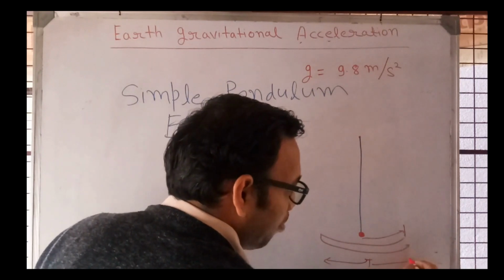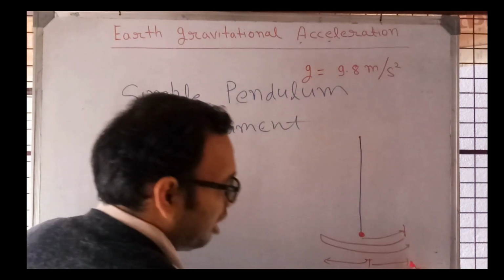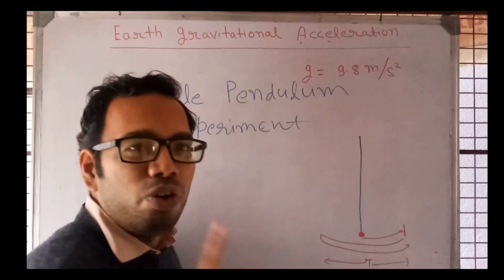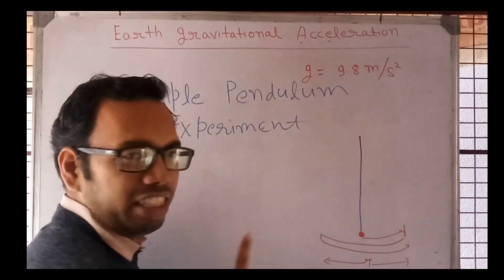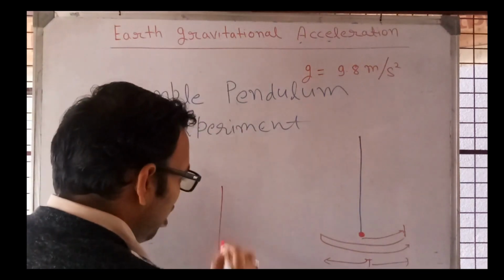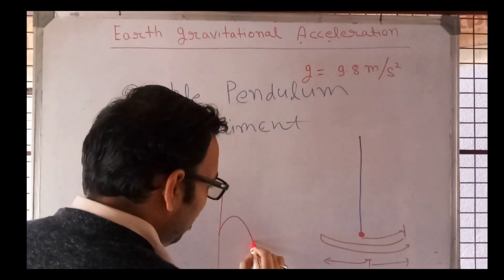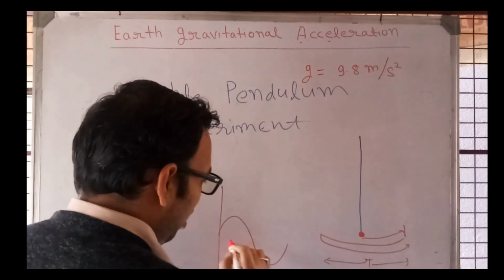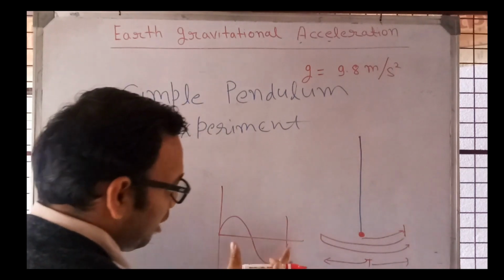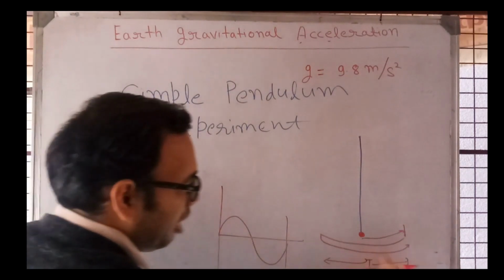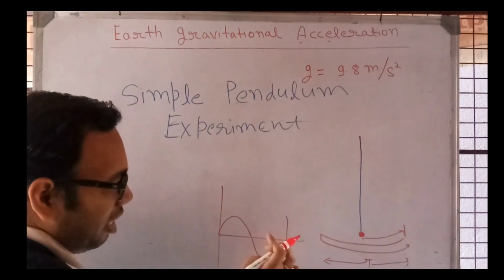Going and coming back is one time period of the oscillation. It goes like this, then again comes like this.